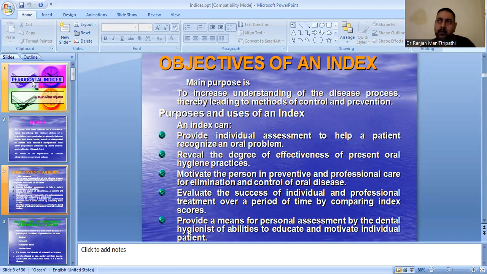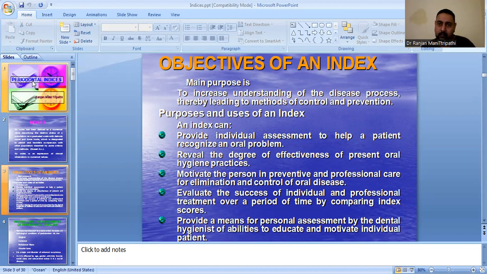So what would be the purpose and what would be the use of objectives? Because if there is an objective, there must be some purpose. And what purpose would there be? A few of them.